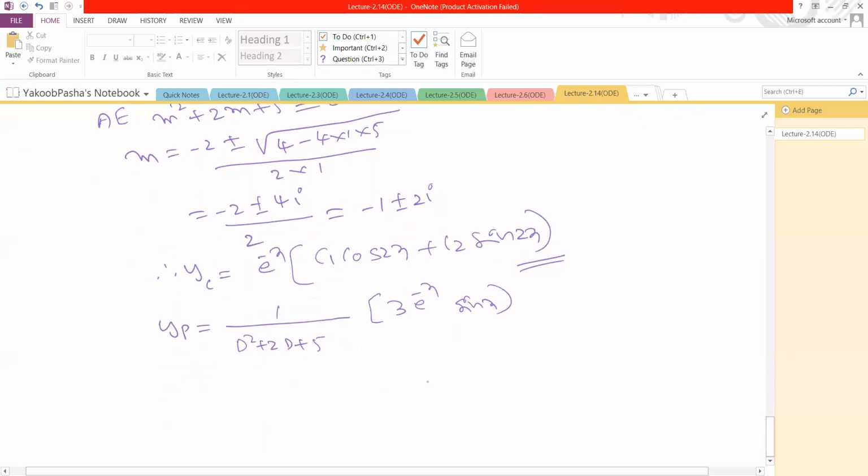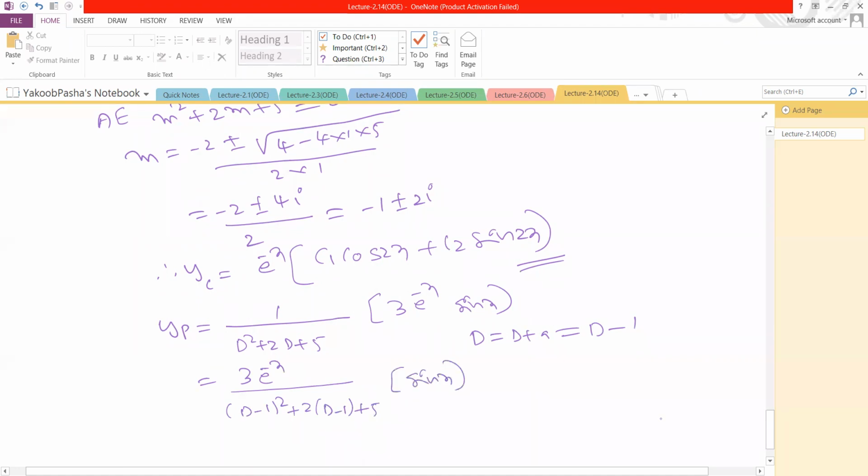So first of all, we have to replace D by D - a. Here D + a is equal to -1, so D - 1. Now we get 3e^(-x) divided by (D - 1)² + 2(D - 1) + 5, acting on sin x.